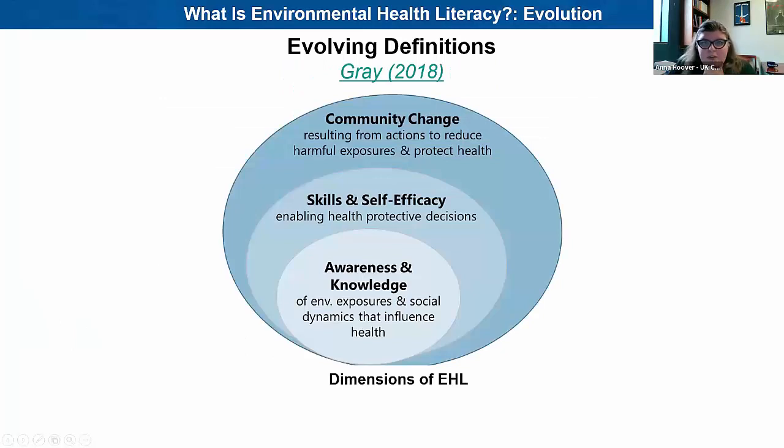So my colleague at the University of North Carolina, Chapel Hill, in 2018, the year after that Finn and O'Fallon paper was published, wrote a paper about the evolution of definitions of environmental health literacy, in which she posited that, yes, awareness and knowledge and even skills and self-efficacy are components, but community change is also a component. That means that people have to work together to make community change, and it also maybe changes the level of analysis, does it? I mean, are individual components what we're really wanting to look at, or are there broader community markers we need to be examining?